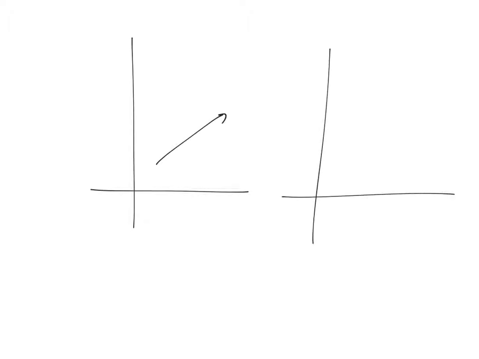If you were given a graph and told that vector A looks like this, and here's vector B, let's say vector B looks like this. And let's say we're told that this is 2, this is 7, this is 1, this is 3.